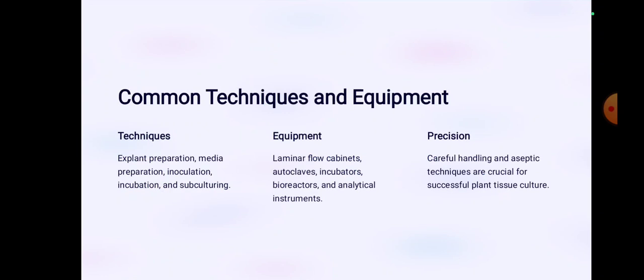These are the techniques through which we grow plant tissue culture. The equipment required in this culture includes laminar flow cabinet, autoclaves, incubators, bioreactors, and analytical instruments. Precision, careful handling, and aseptic techniques are crucial for successful plant tissue culture.